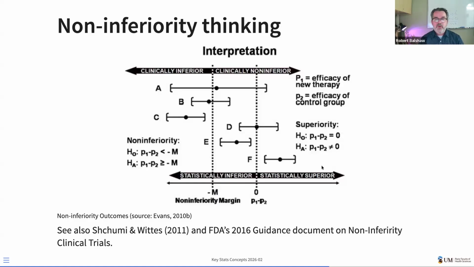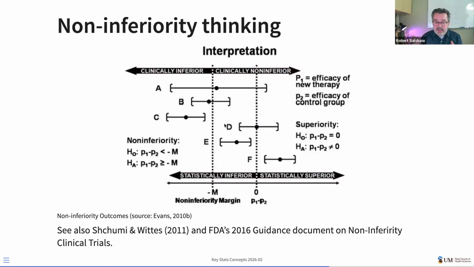So non-inferiority trials can make your head hurt. They make mine hurt at least. And one of the best accessible papers in that space is the one by a colleague I have great respect for, Janet Wittes, in 2011, called "Through the Looking Glass."